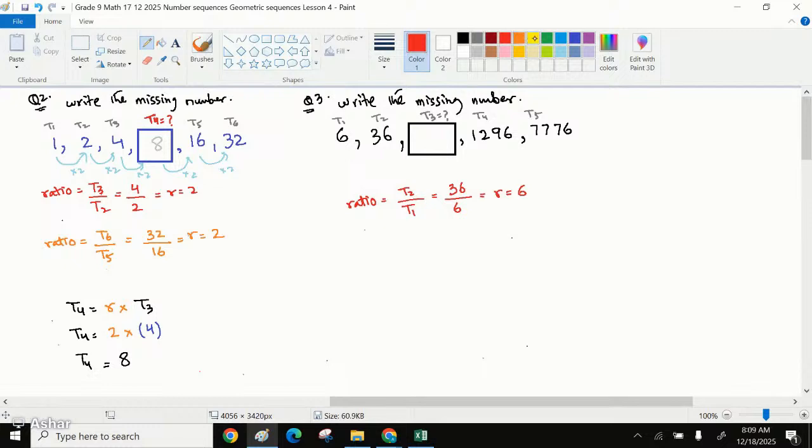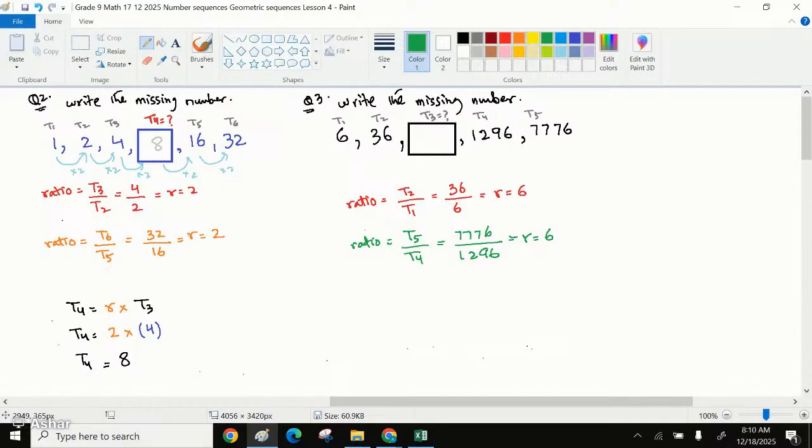Let's verify. Let's find the ratio by term number 5 divided by term number 4, that is 7776 divided by 1296. Let's put these values into the calculator. It should come out to be 6.